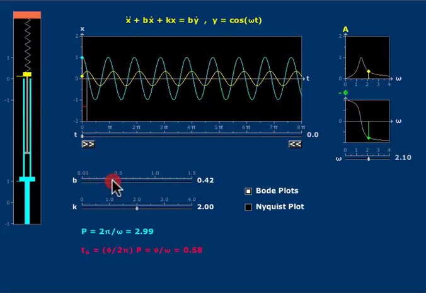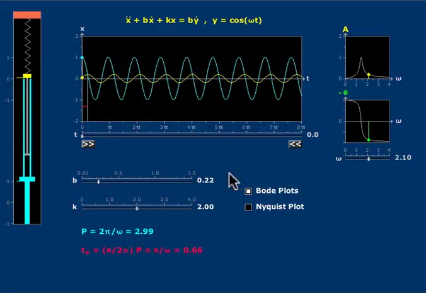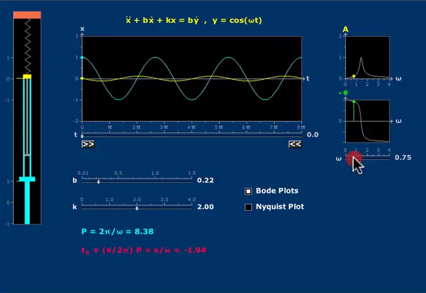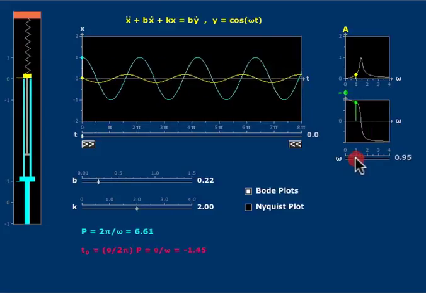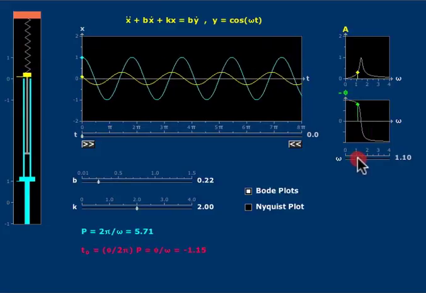And a third thing you can notice from looking at this is as B gets to be small, the flip between phase lag of close to minus pi over 2 to a phase lag of close to plus pi over 2 happens more and more abruptly as I change the frequency from something small and cross through that resonant peak.